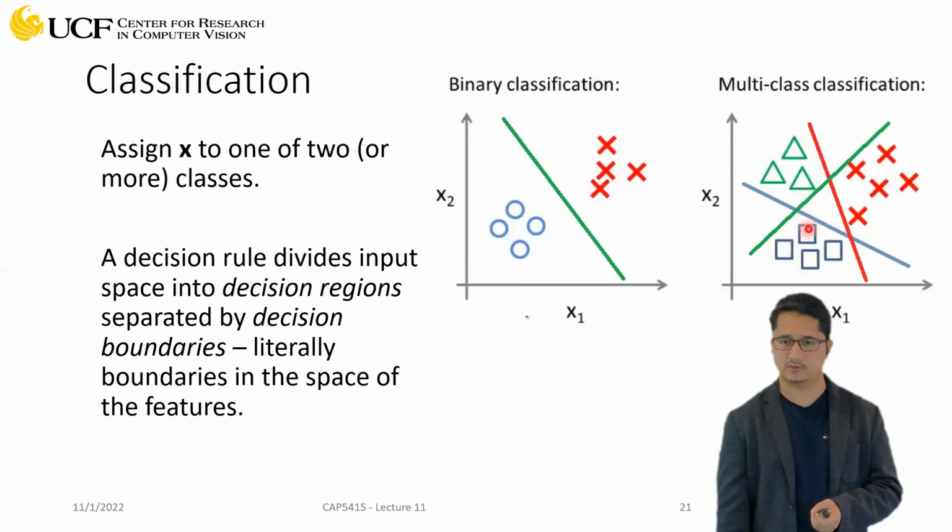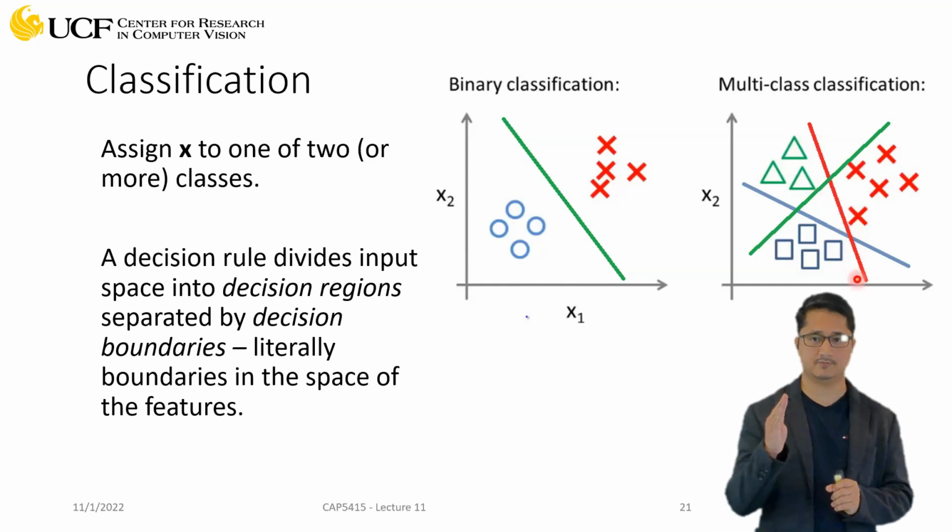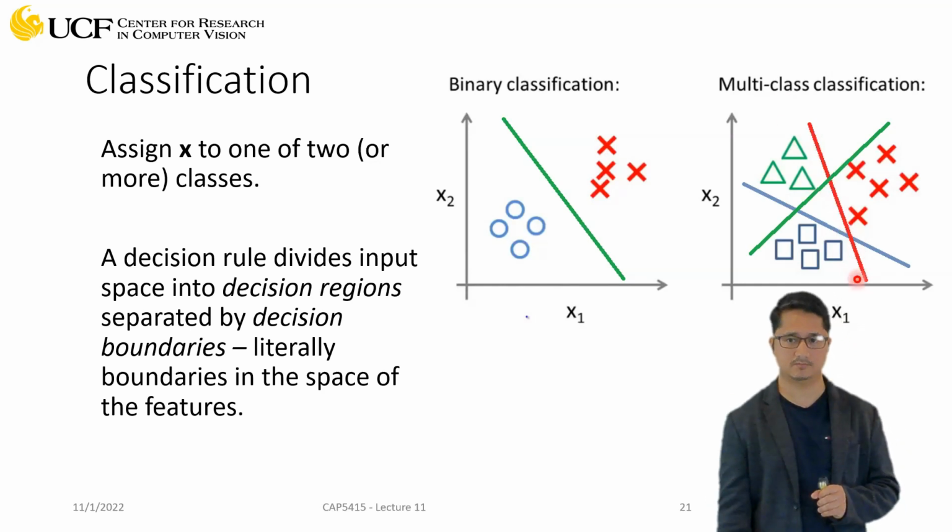Okay, so if you think about this, one simple way to solve it is, when you're learning this red line, which could be your one classifier, and of course you can learn that function, what you can do is treat these crosses as the positive class, and then treat the green triangles and the blue squares as a negative class.